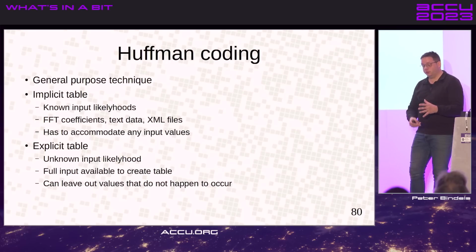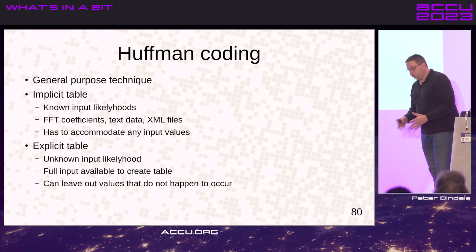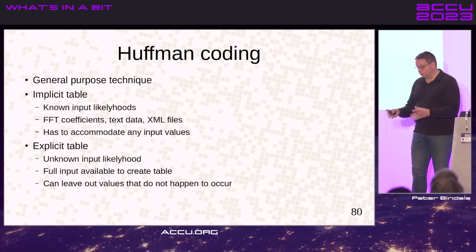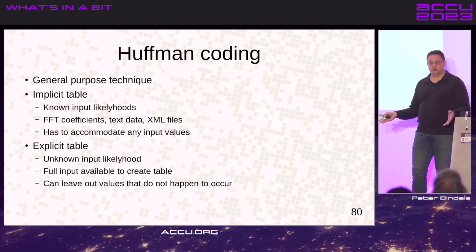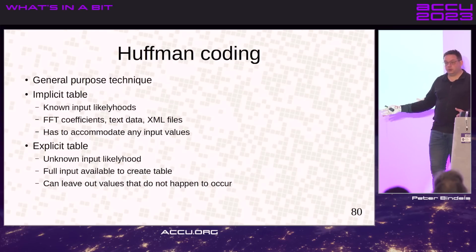So in some cases, if we have a reasonably good idea of what the data is, we can just use a predefined table. Inversely, if we don't, we can look at our data and figure out what the table should be, create a table, but then we're going to have to encode the table itself into our output. Output is going to be a bit bigger because we include the table. But the more data we're encoding, the more likely it is that we're still saving space.